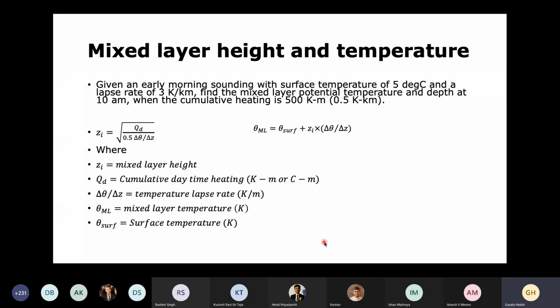So dispersion models are small scale models based on the Gaussian plume model or other models that give you the atmospheric concentration of pollutant when you put the emissions as an input.